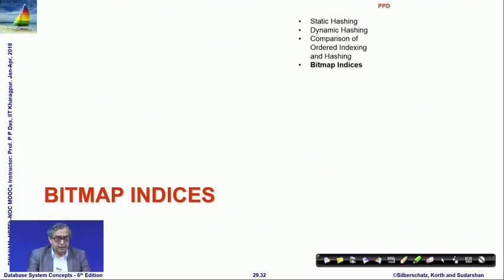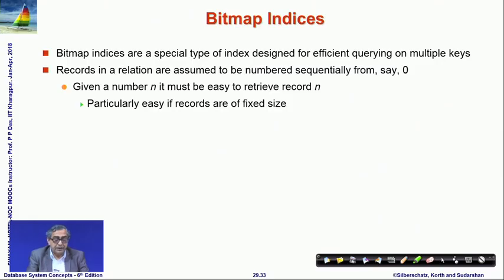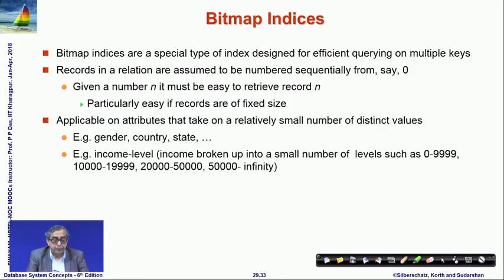The last thing that I would like to quickly take you through is what is known as bitmap indexes. Bitmap indexing is a very simple idea. It is a special type of indexing which is designed for querying on multiple keys. The basic idea is that, let us assume that all records in a relation are numbered from 0 to n, and that you are talking about attributes which can take a very small number of distinct values.